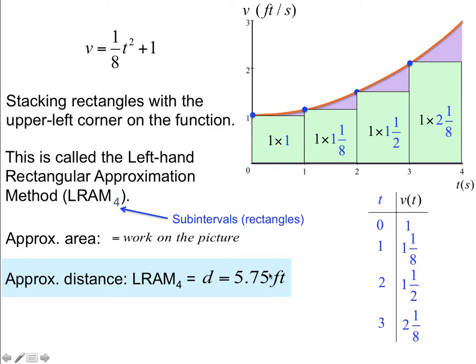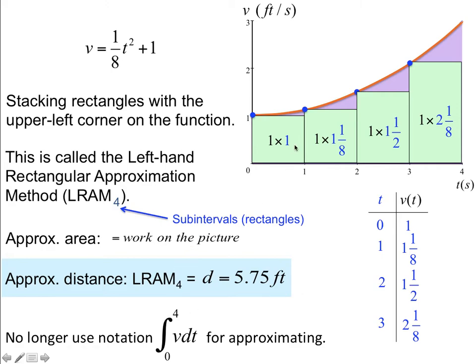And so that's one approximation. And as you can tell, if you compare the green rectangular approximation to the actual purple area, this approximation underestimates the actual value. But it is one approach. We're going to leave that as one approach. It's an approximation. It's not 100% exact, and that's okay.